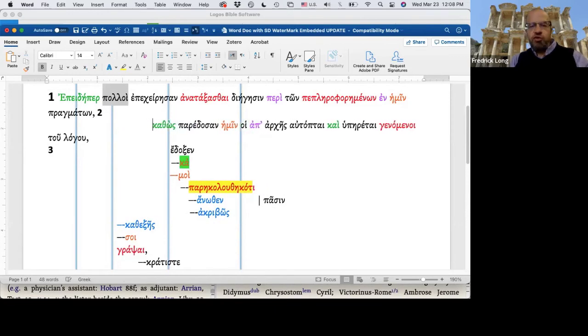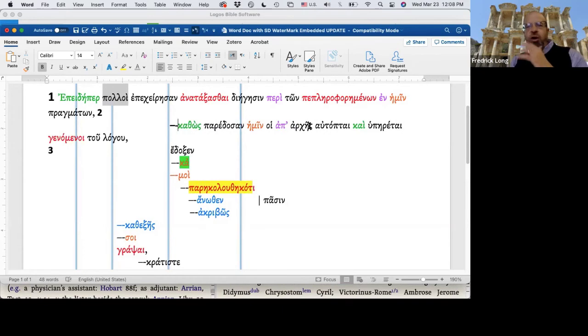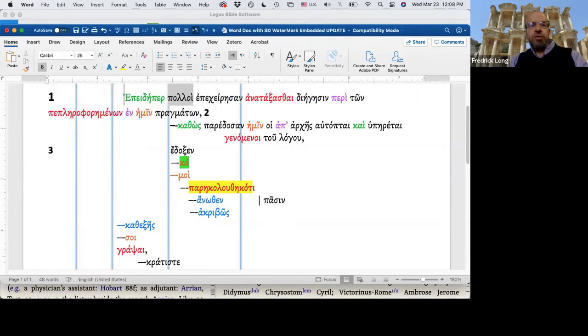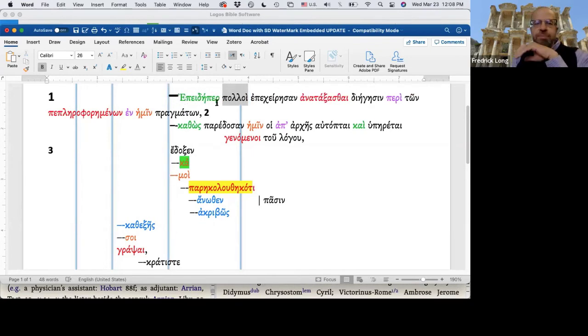You don't have to change word order. I'm just kind of spacing things over. Sometimes I'm hitting a hard return and aligning things, really just to show you that the main sentence is actually in verse 3. And this epeidaper pair is a subordinating conjunction.